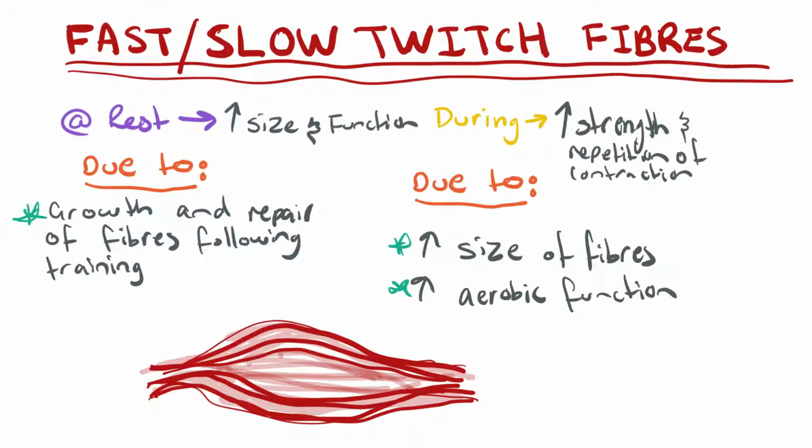Now, remember that this video is just having a look at the learn about side of the syllabus. So you're learning about heart rate, stroke volume, cardiac output, oxygen uptake, lung capacity, hemoglobin level, muscle hypertrophy, and slow twitch or fast twitch fibers. What you need to actually be able to do is the learn to side of it, and you need to have a look at the relationships between these physiological adaptations.